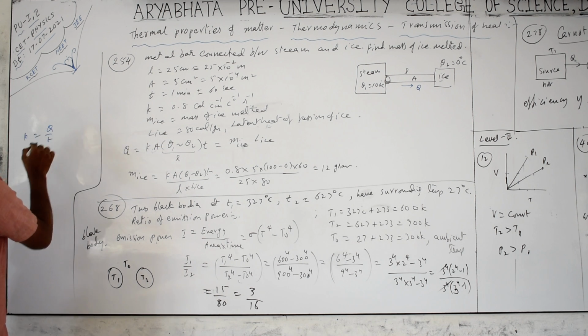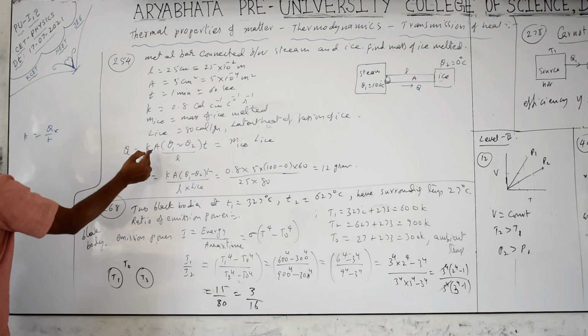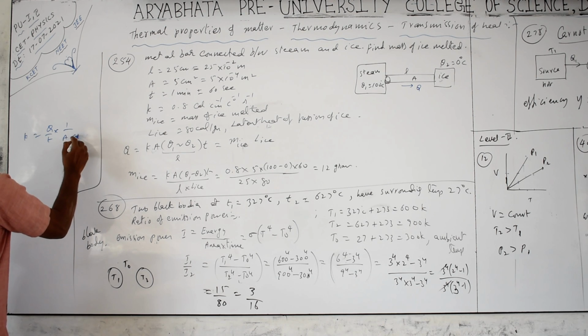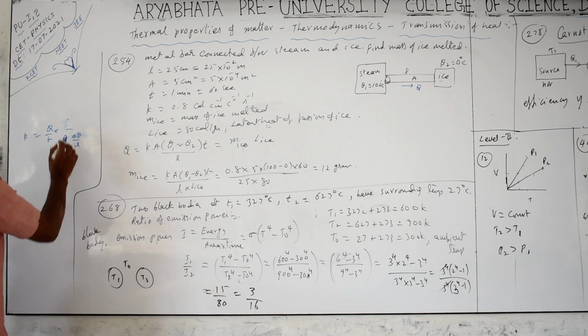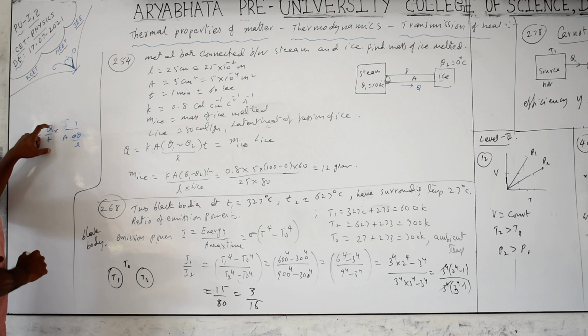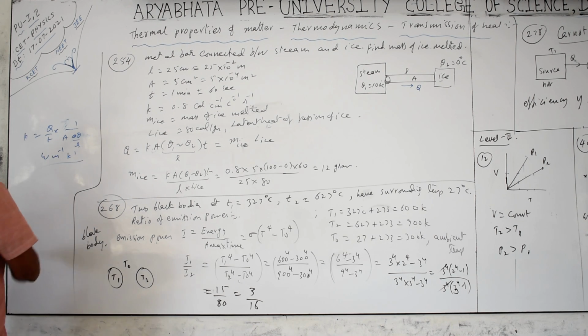This is the thermal power that is transmitted, Q by T, divided by A into the temperature gradient, theta 1 minus theta 2, that is delta theta, by length L. The temperature gradient definition is also taken from this relationship. The unit of K is watt per meter per Kelvin, which is the SI unit.